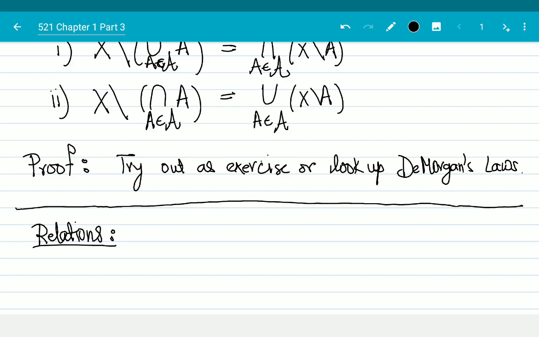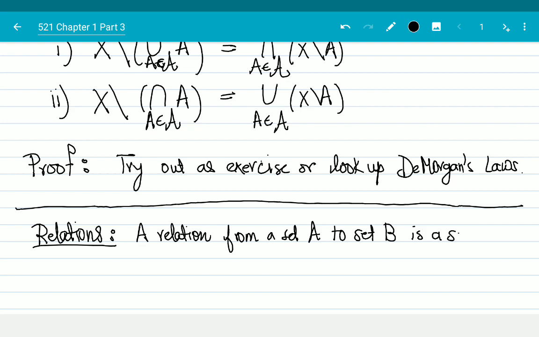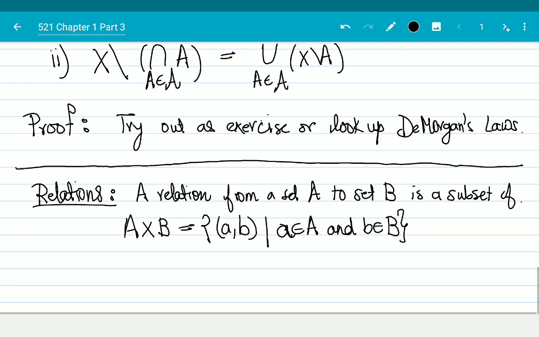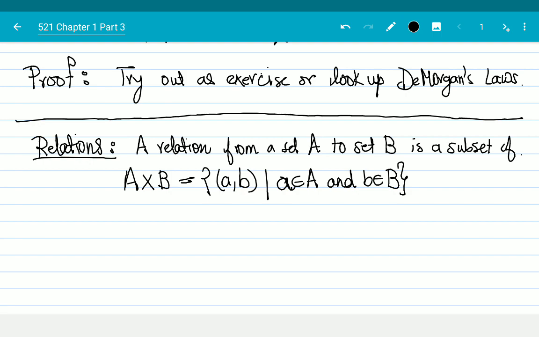So a relation from a set A to set B is a subset of A cross B, which is defined as all pairs A comma B, such that A is in A and B is in B. Okay, so I'm going to be looking at all pairs AB. A relation is a subset of A cross B.